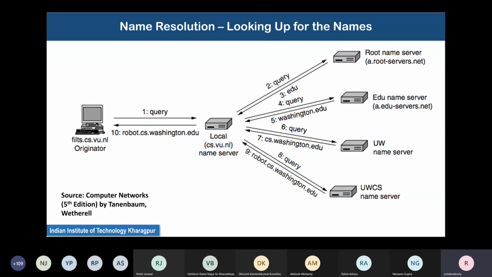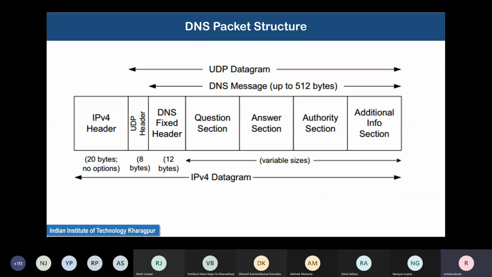Okay, now two questions need to be answered and we will answer them one after the other. First of all, what is the format of these queries? And secondly, what are the answers to these queries, or how do they get the answer to these queries? This we will now get some information.